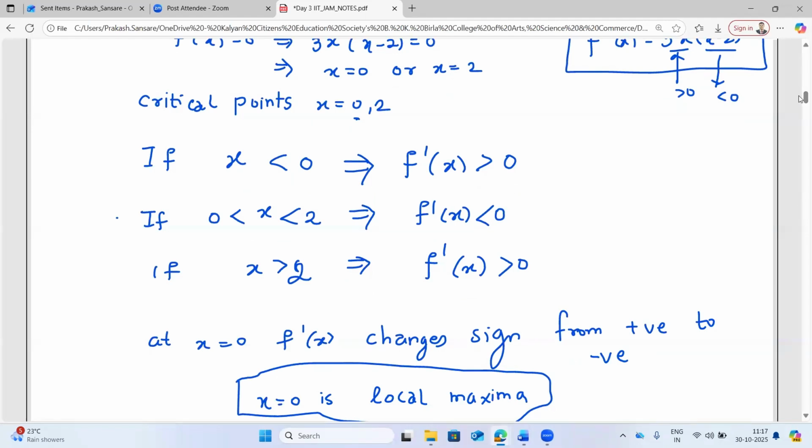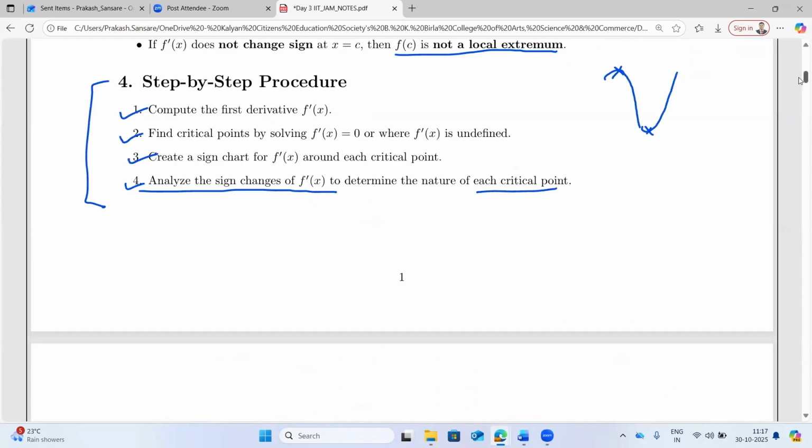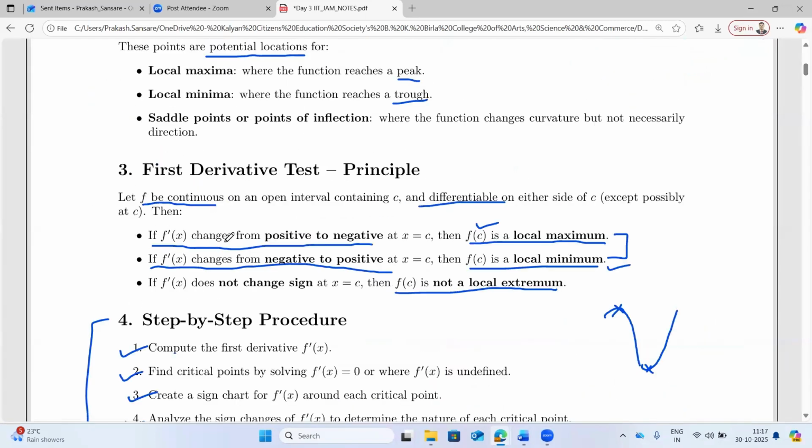Here we have already written that if f dash x changes from positive to negative, then f at c is called a local maxima. If f dash x changes from negative to positive, then f at c is called a local minima.